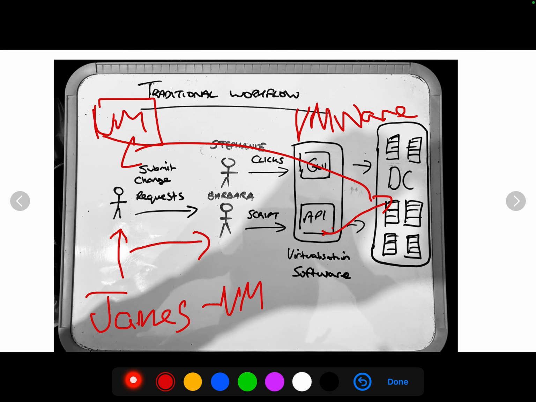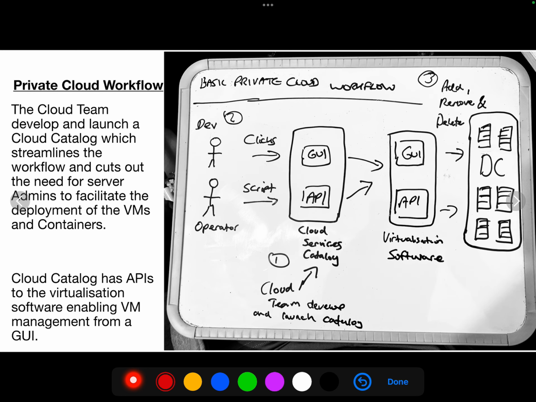We wouldn't need Stephanie and Barbara to do this legwork, because when you have a basic private cloud workflow employing a cloud services catalog like here, instead of Stephanie and Barbara getting involved, James can now interact with the catalog and request his VM.